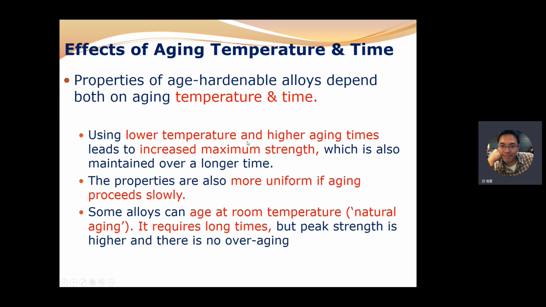Okay, the effect of aging temperature and time. The properties of aging hardenable alloys depend both on aging time and temperature, of course. Using a lower temperature and a longer aging time leads to increased maximum strength, which is also maintained over a longer time. So how to produce a higher strength alloy by aging?